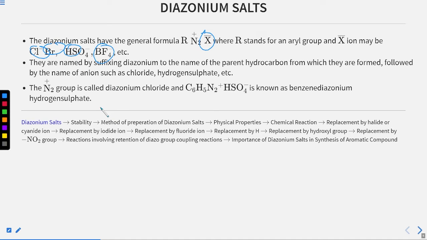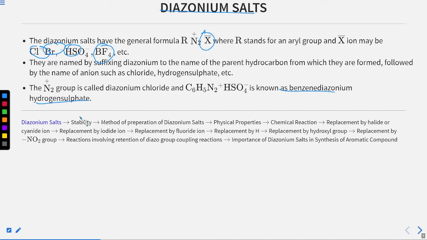Further, if I put benzene in place of R, we will say benzene diazonium salt. If we specify the counter anion, that is your X minus, then its name will change. It will be benzene diazonium chloride or benzene diazonium hydrogen sulfate. So this is the structure of your benzene diazonium salt.